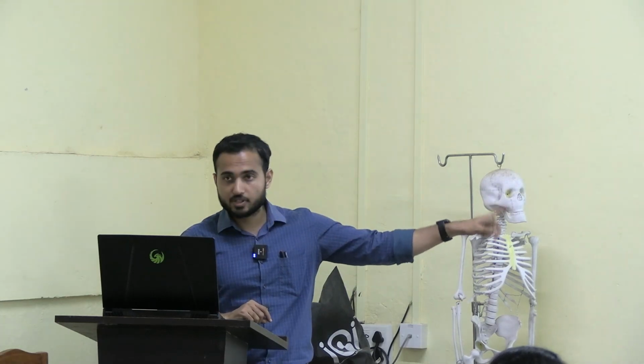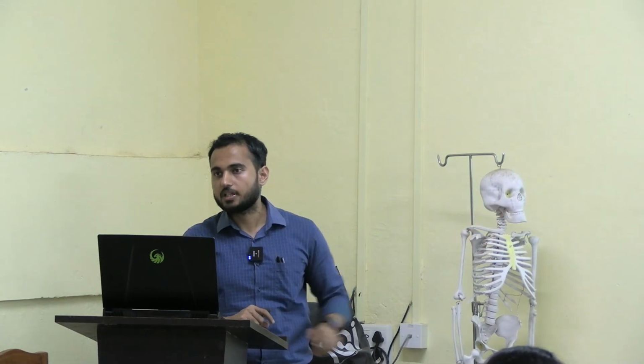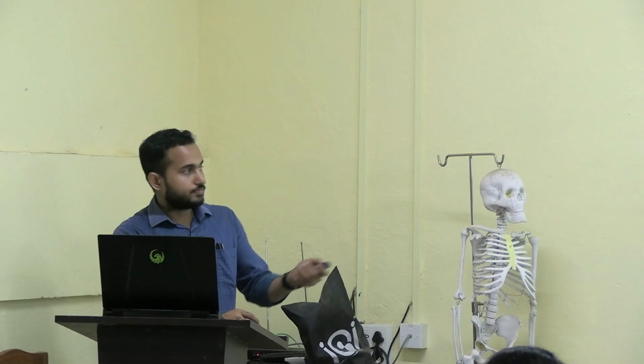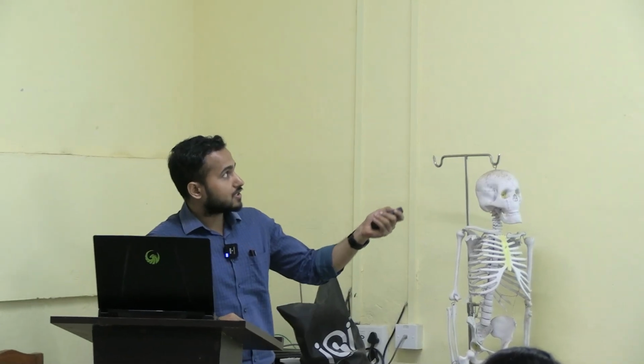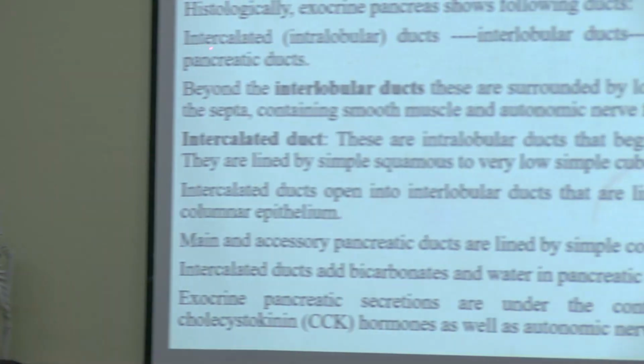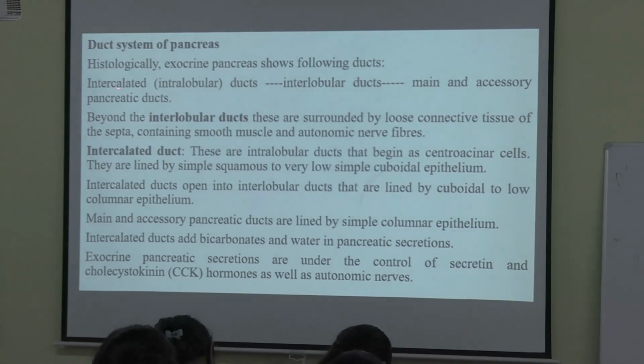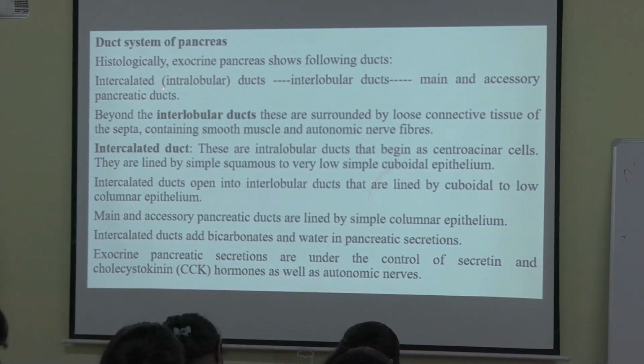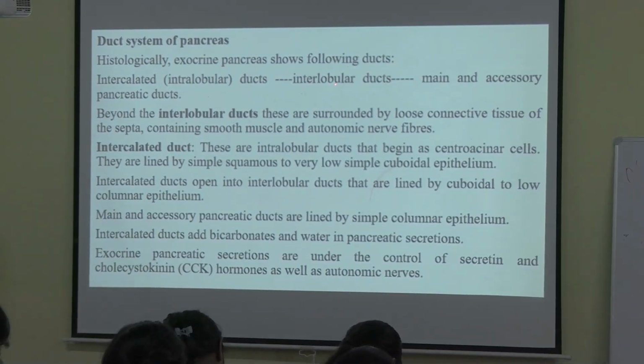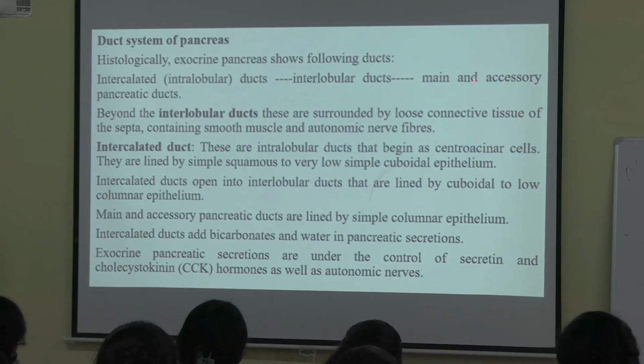The same phenomenon takes place over here. In the ducts of the pancreas, first the smallest one is the intercalated duct. From the intercalated duct we get the interlobular duct, and from the interlobular duct we get the main and accessory pancreatic duct.